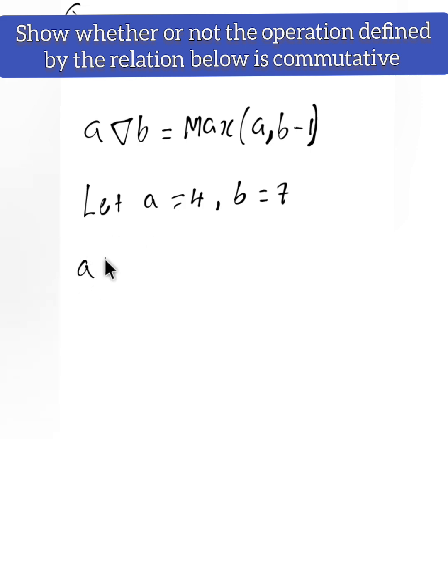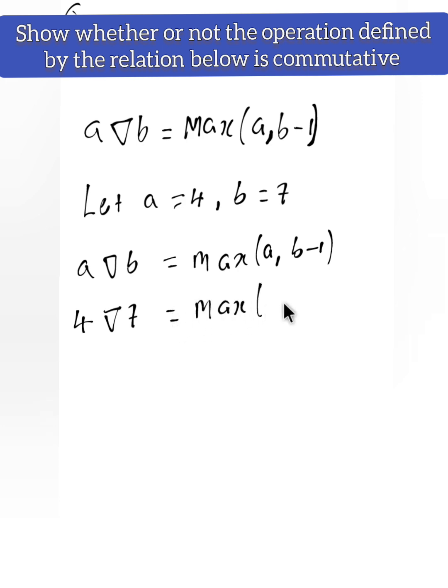So for A operation B, which is equal to the maximum of A and B, minus 1, with A being 4 and B being 7, this will be the maximum of 4 and 7 minus 1.